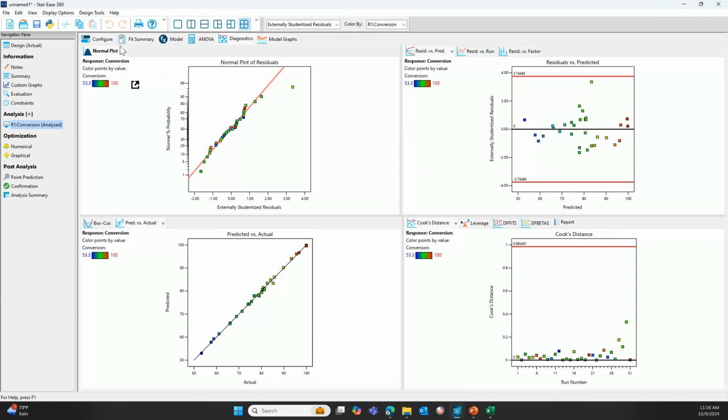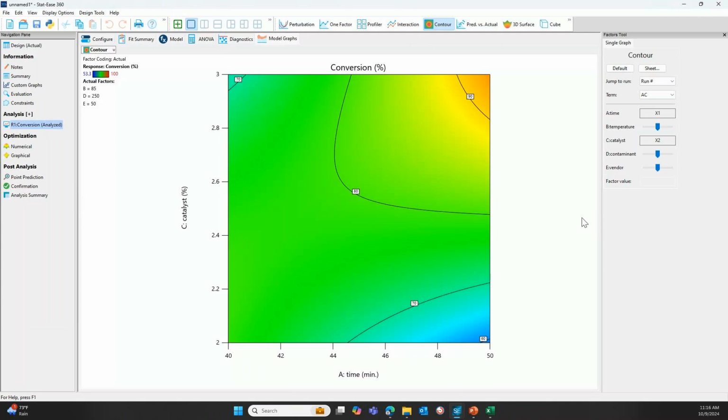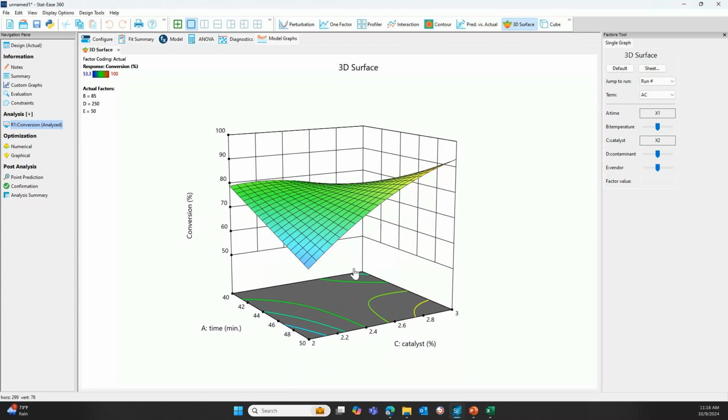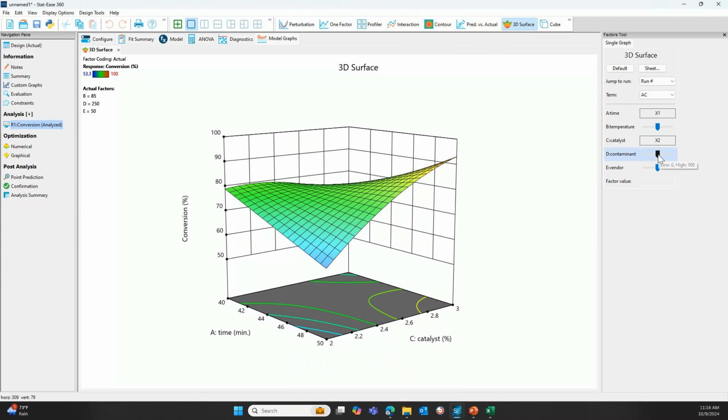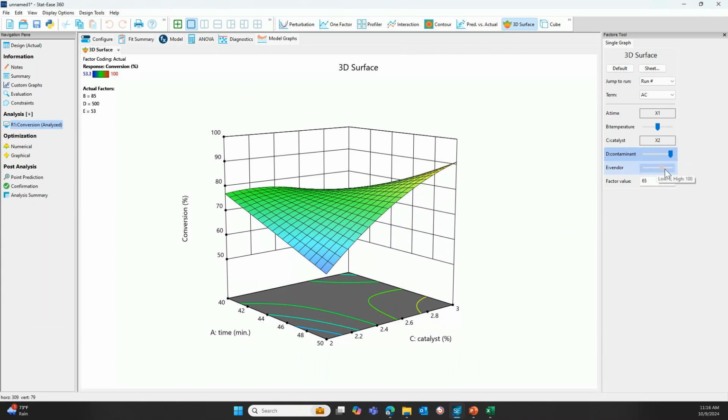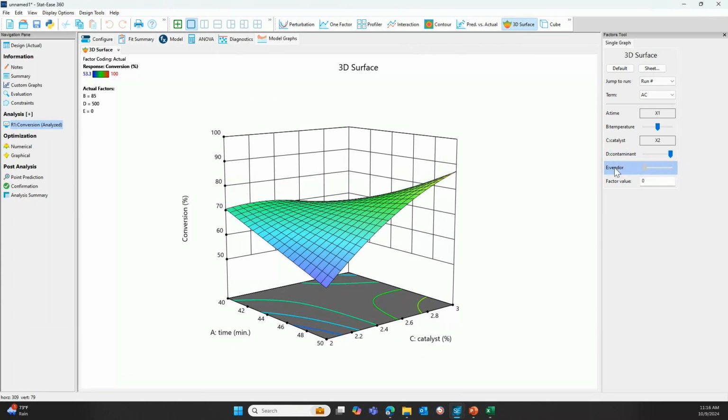But anyway, it is a very suitable design, and we can always look at some graphs if we wanted to, maybe a 3D surface or something like that. You can see that there's some complex shape taking place, and if I change some of these other factors around, you can see that it makes a difference on the yield.